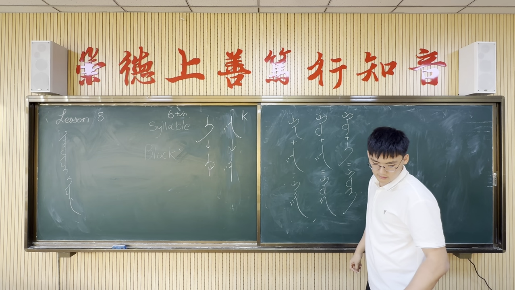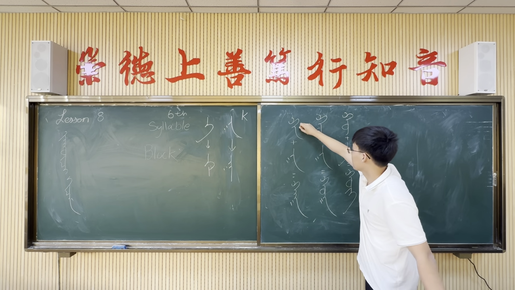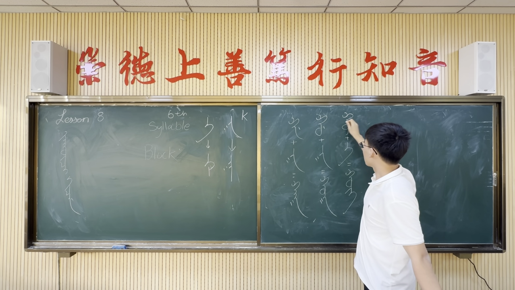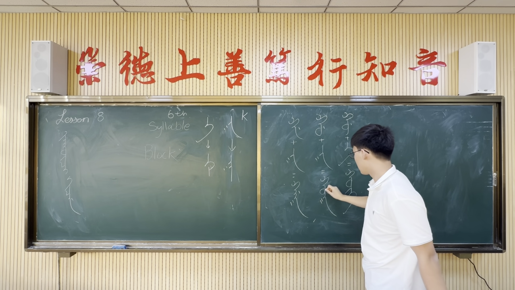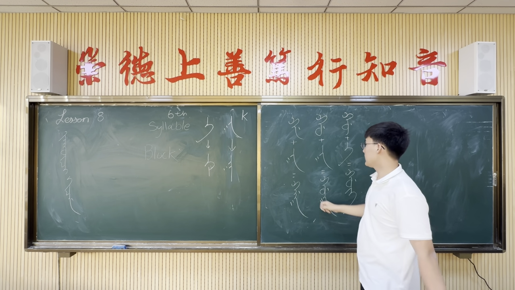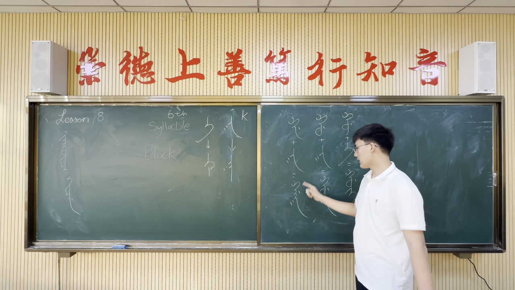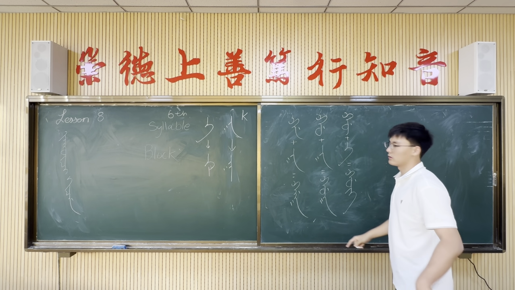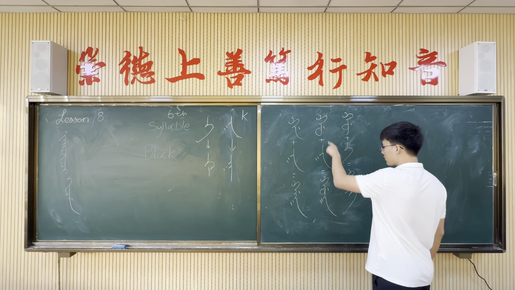Now we'll do some more drills. So let's change this to ga, go. When you change it to ga, this will read gak. To go, this will read gok.